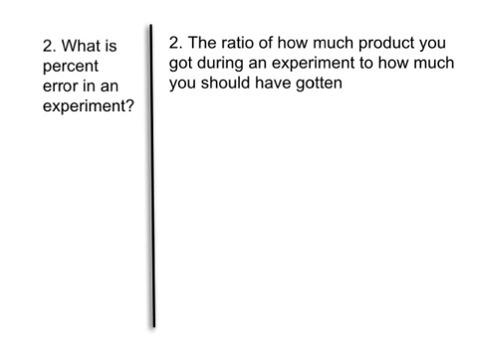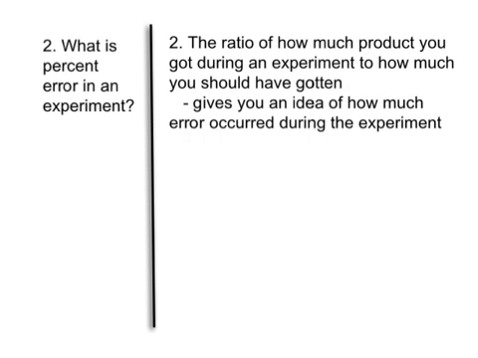All right, so again, it's the ratio of how much product you got during an experiment versus how much you should have gotten. So what this does is it gives you an idea of how much error occurred during the experiment, how much went wrong. So for example, if you're supposed to get 100 grams of product in the end, and you got 60 grams of product, that's a 40% error.